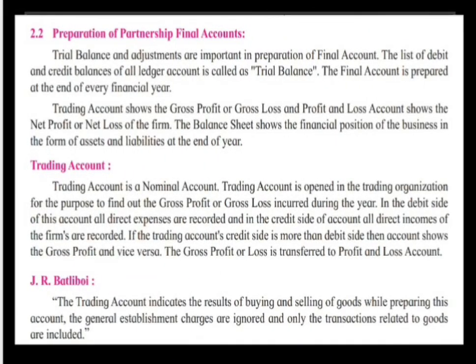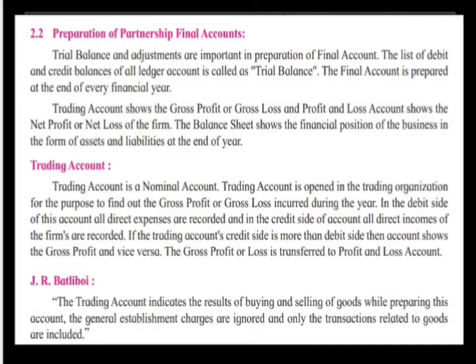Now, we will come to the preparation of partnership final accounts. Actually, this final account is prepared with the help of trial balance and a few adjustments. And these are very important in preparation of final account. The list of debit and credit balances of all ledger accounts is called a trial balance.